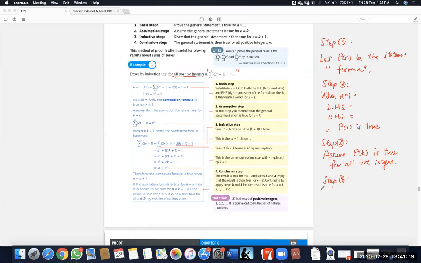Step 4: say when n equal to k+1, the left-hand side equals what, and then blah blah blah, and then prove that it equals the right-hand side.